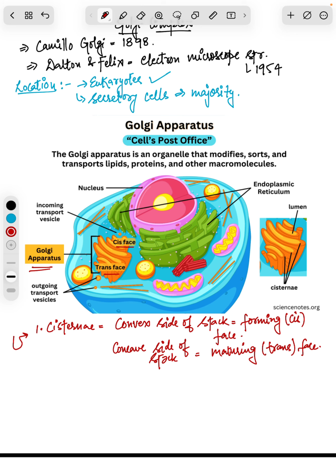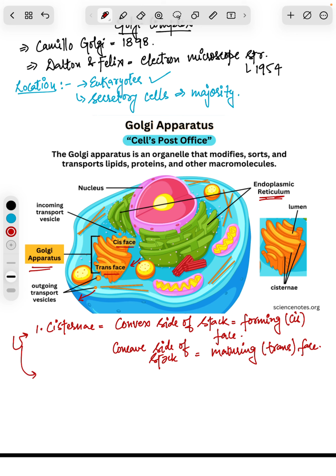Here the smooth endoplasmic reticulum is present, and through vesicles these go to the Golgi complex, and through that these vesicles go out to whatever destination is assigned to them.